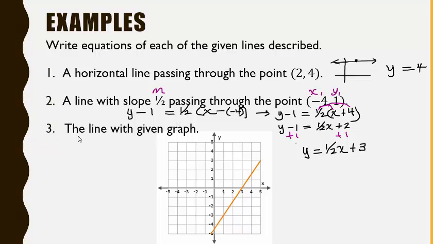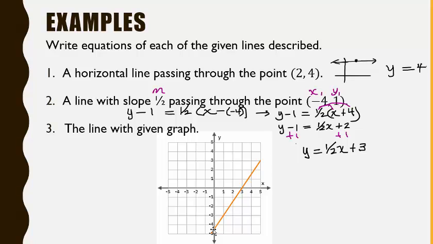And number 3, it says find an equation of the line with the given graph. If we first look for the y-intercept, and we can tell that it's a nice integer, then we can use slope-intercept form. In this case it's not, because it looks like it's a number between -4 and -5.